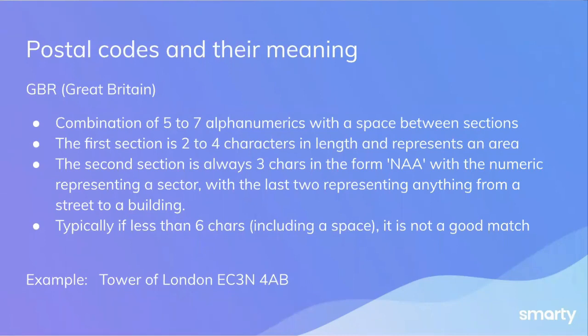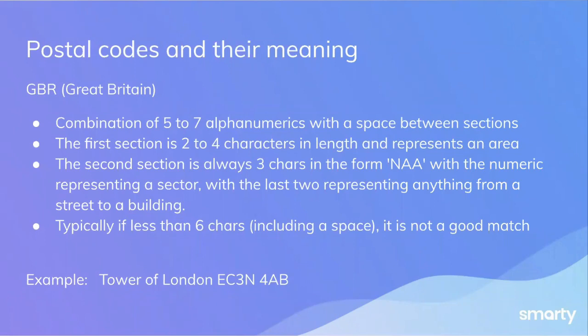And it's always in the form of letters and numbers, but it's not absolutely specific about the letters and numbers, since it can vary from 2 to 4 characters. The second section is always in the form of numeric, alphabetic, and it's always 3 characters. And that represents a sector, anywhere from a neighborhood or an area within the neighborhood, down to a street or down to a building.